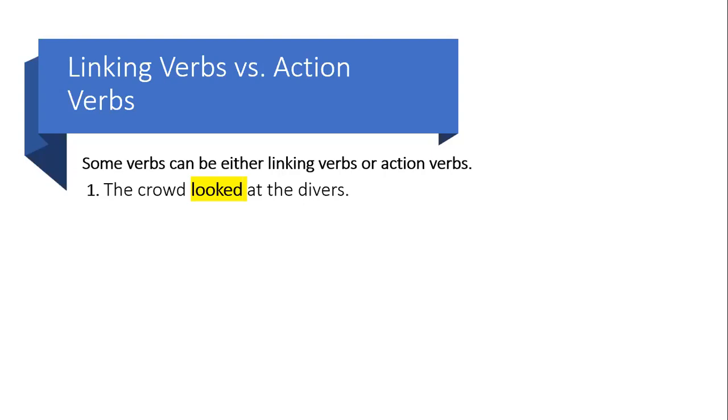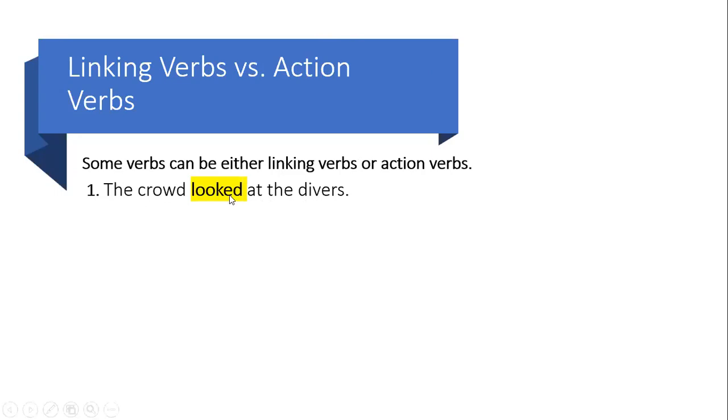So we have the crowd looked at the divers. We identified the subject, we have the verb, and then in the predicate we have at the divers. So is there a noun that we can maybe pair up with the subject? You could say, well, we could do crowd equals divers. The crowds are divers. But then it wouldn't make sense that they're looking, right? They looked at the divers.